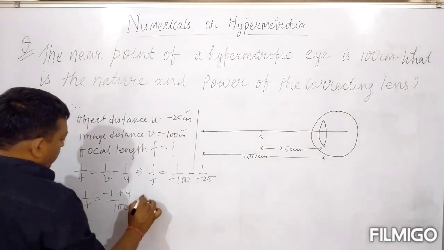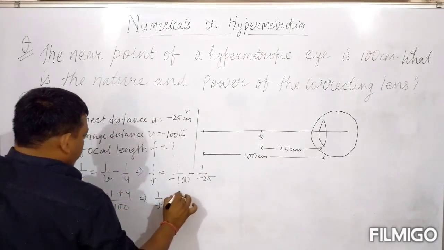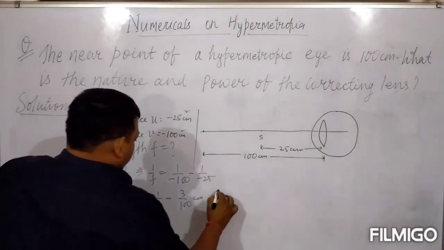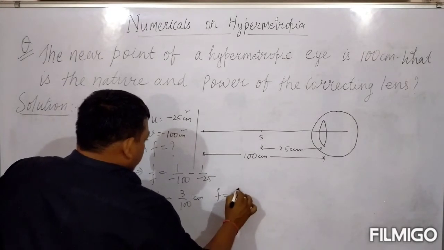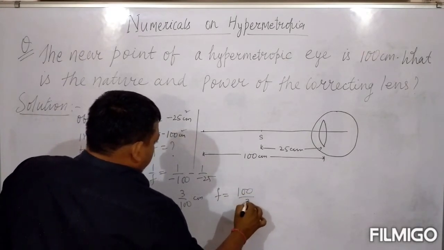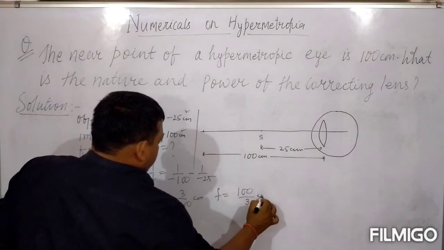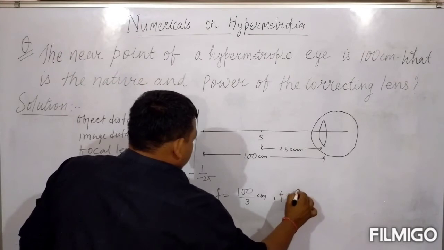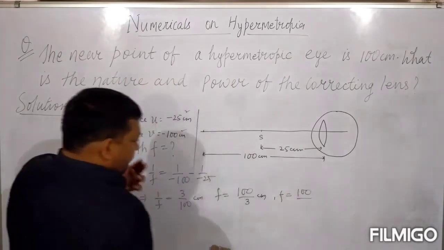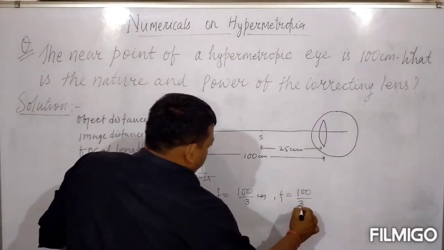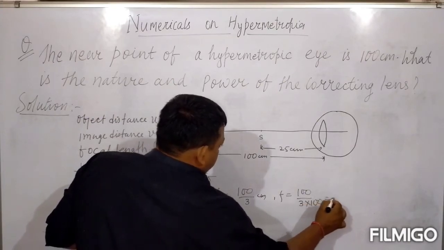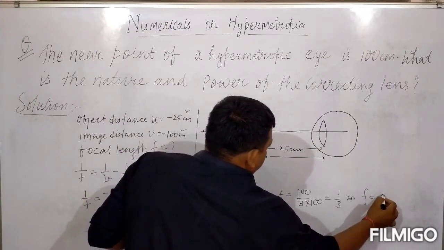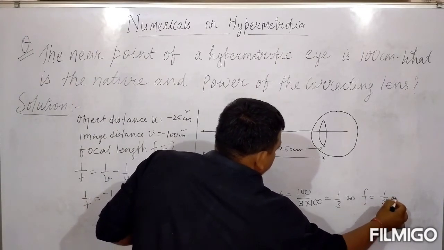So 1 over f equals 3 over 100 per centimeter, or f equals 100 by 3 centimeter, or f equals 100 by 3 divided by 100, that is 1 by 3 meter.